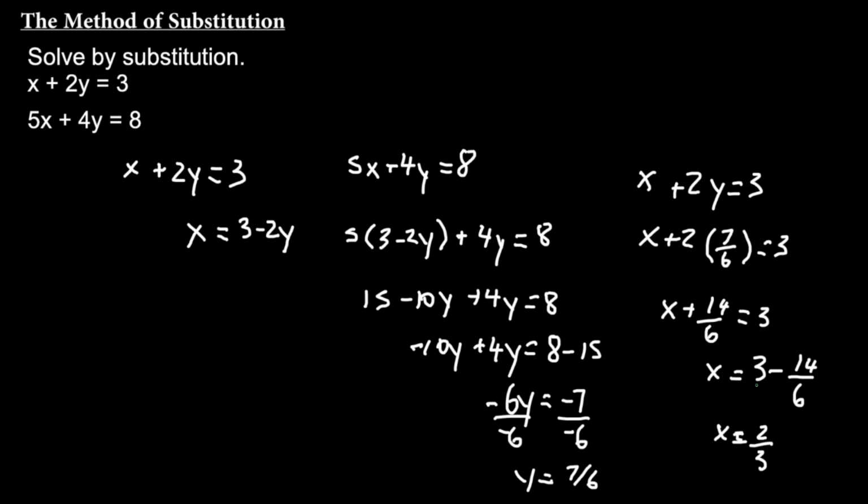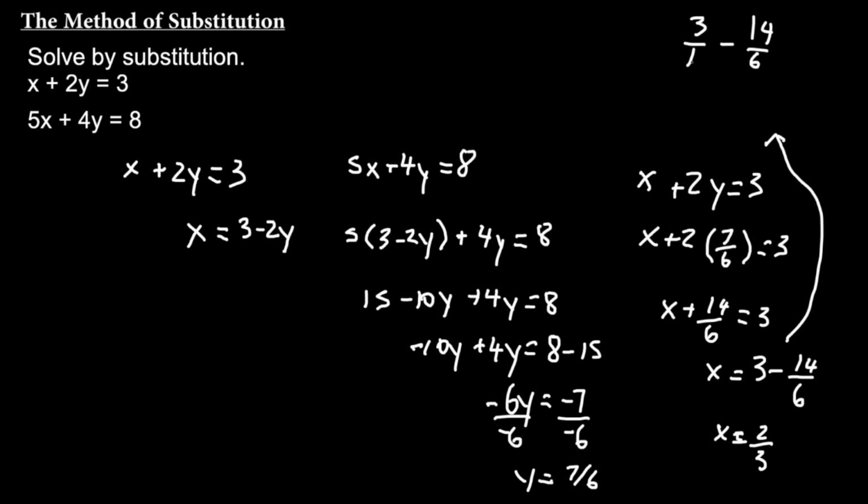Now, this part, 3 minus 14 over 6, how did I complete the subtraction? Originally it was 3 over 1, minus 14 over 6.